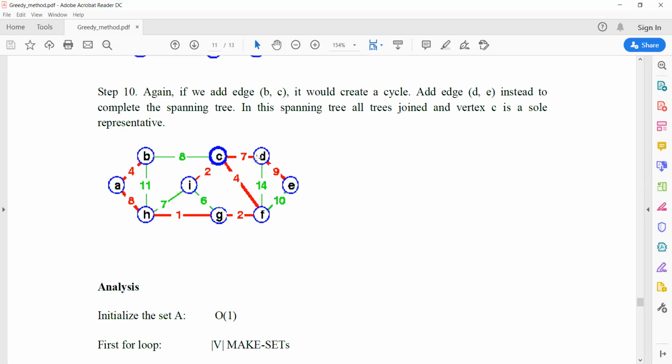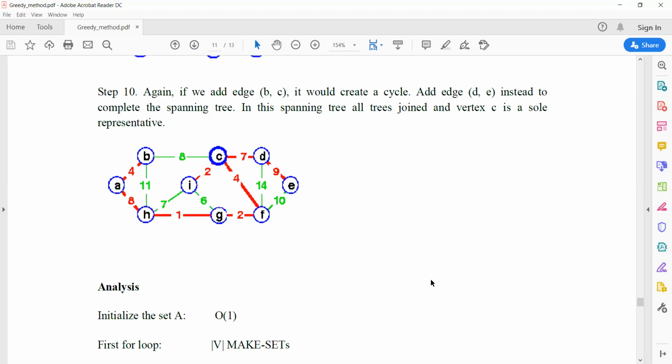So 9 vertices are there. That's why the red numbers are 1, 2, 3, 4, 5, 6, 7, 8. So 9 minus 1, 8 edges are connected, and it is converted to a minimum cost spanning tree. The summation of all the weights will be the cost of the minimum cost spanning tree.